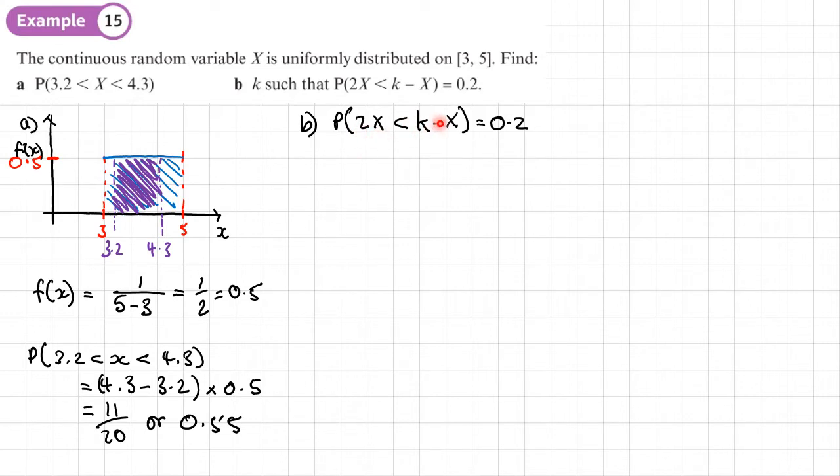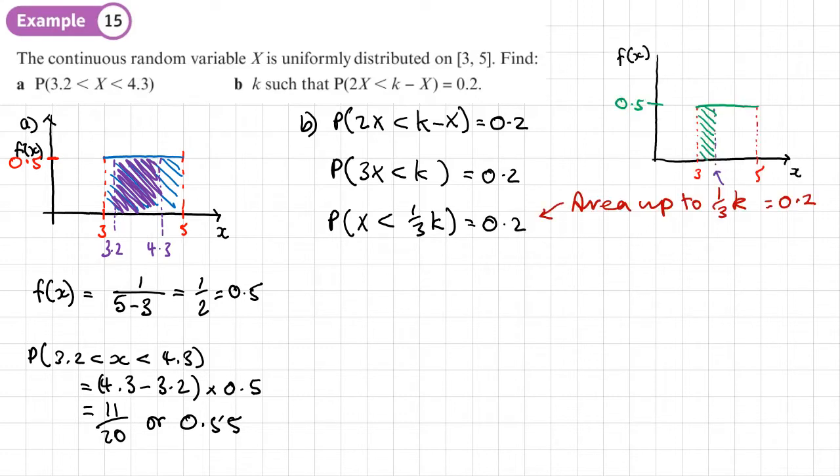Now we can start by adding x to both sides. So that will give us the probability of 3x is less than k is equal to 0.2. Then we divide both sides of that by 3 to give us x is less than a third k is equal to 0.2.